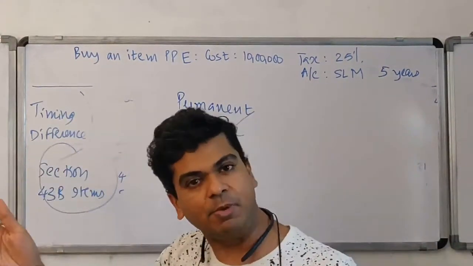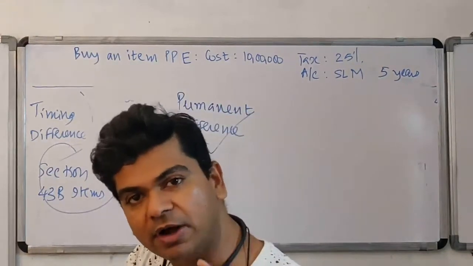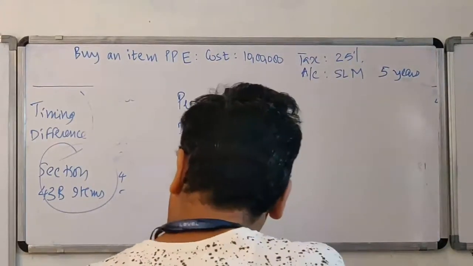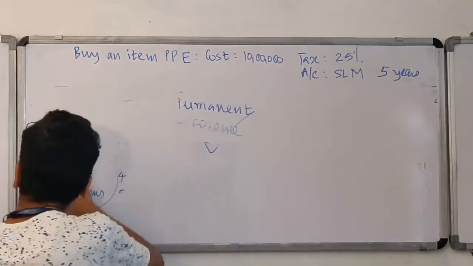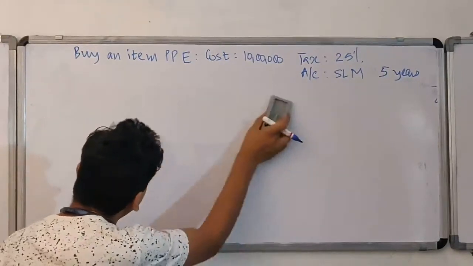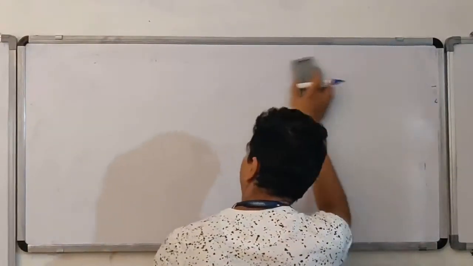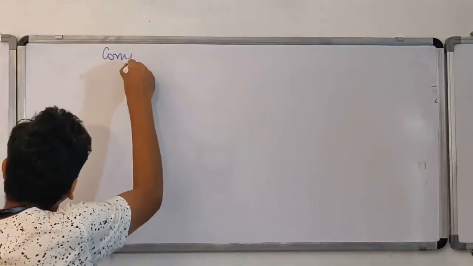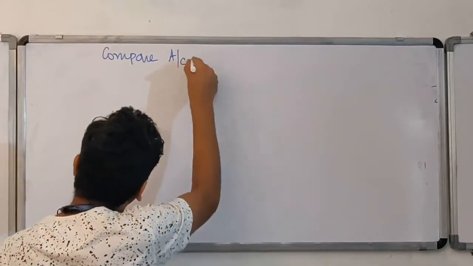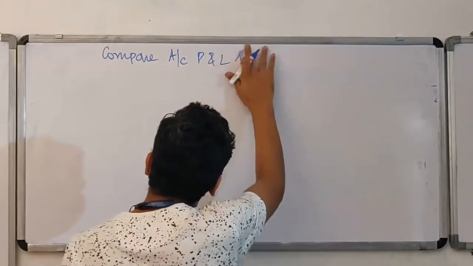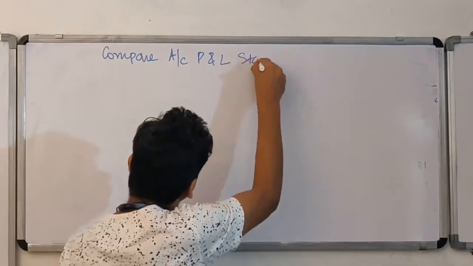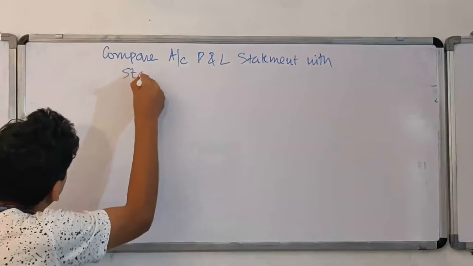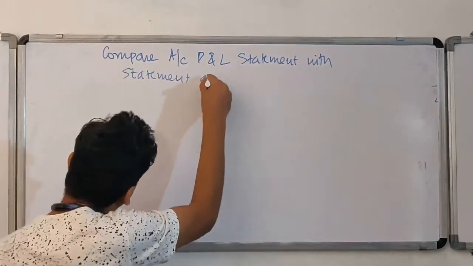So now, trying to summarize the entire requirement of Accounting Standard 22. You know what we are supposed to do? As per Accounting Standard 22, the very first thing that you should do is compare your accounting profit and loss statement with the statement of taxable income.